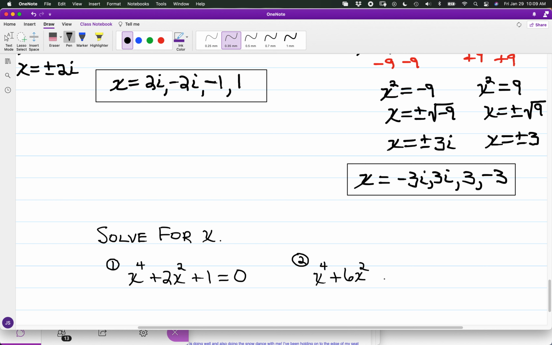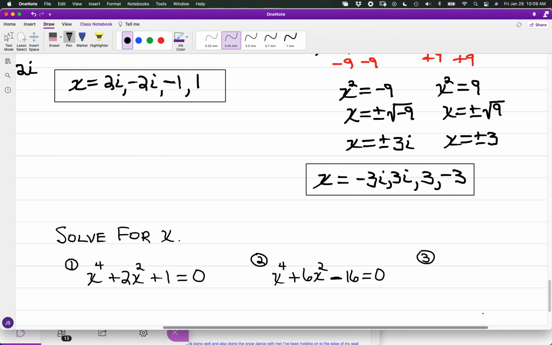Let's say we have x to the 4th plus 6x squared minus 16 is equal to 0. And we'll say last, that we have x to the 4th minus 16 is equal to 0.